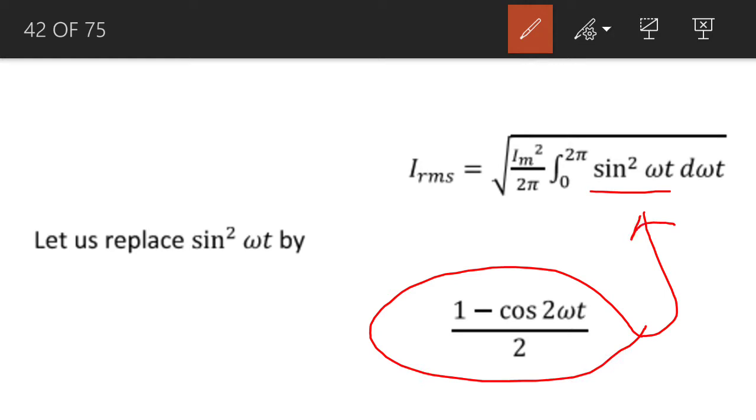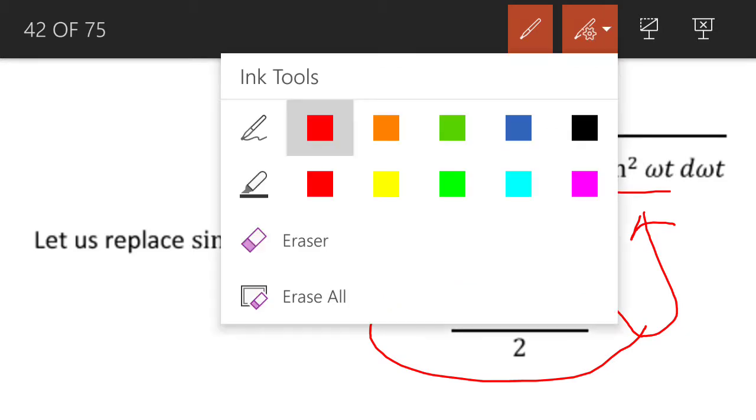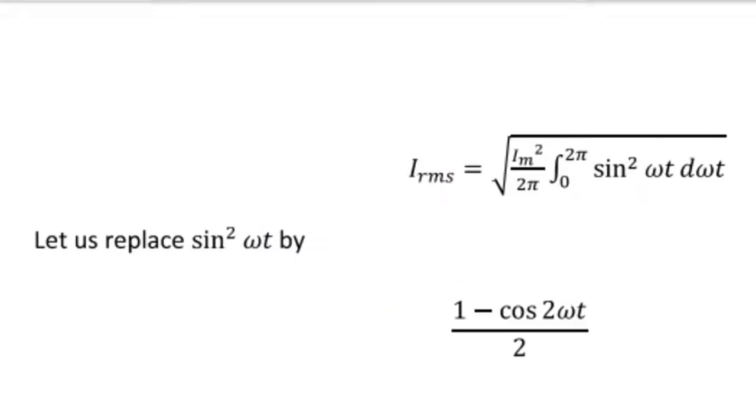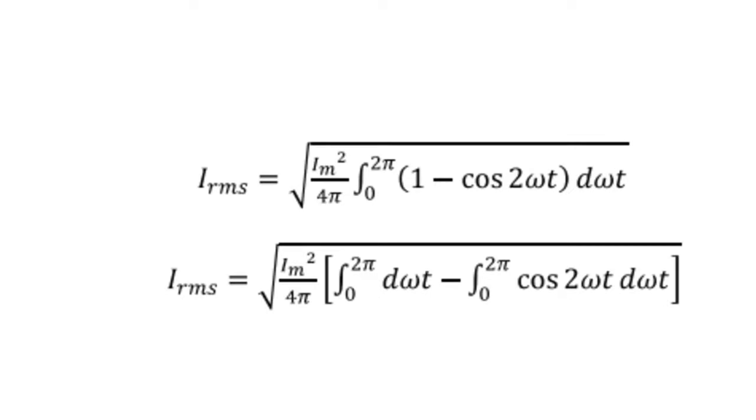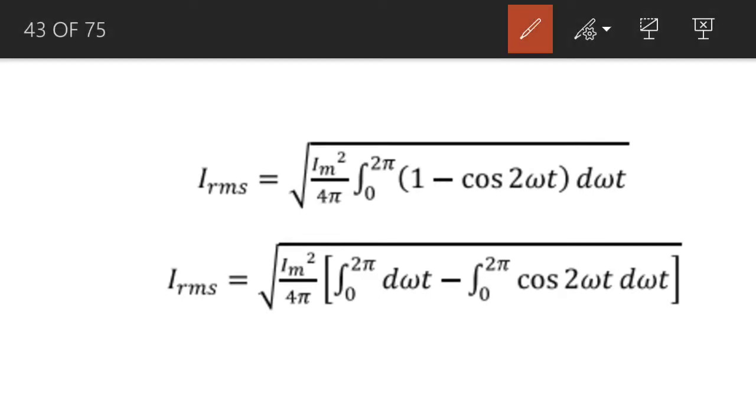So we replace sine square omega t in this particular equation by (1 minus cos of 2 omega t) by 2, and we get this particular equation.